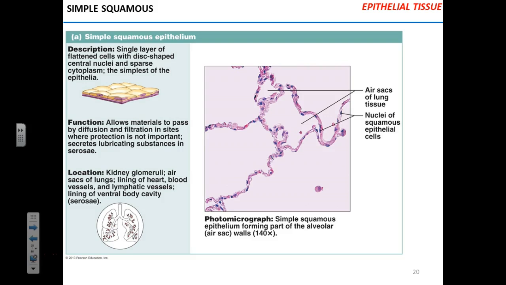Not surprising that you're going to find this type of epithelium in the places where a lot of diffusion, filtration, or any other sort of transport occurs. Does that make sense? Now, let's find out altogether where you're going to find this kind of transport based on your personal experience, just with humans.